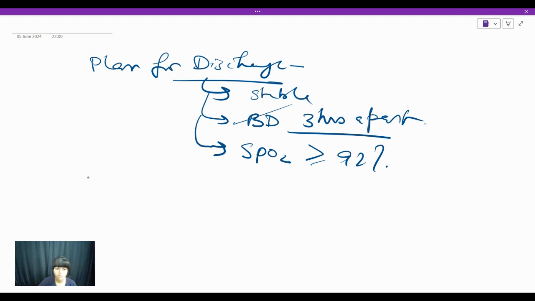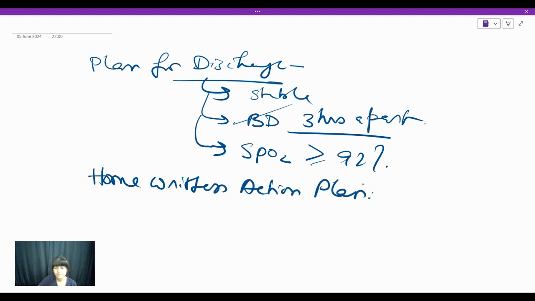And one more thing you need to write in the exam also, that is the home written action plan. This is something which can reduce the asthma deaths by 70%. This is very important, students.